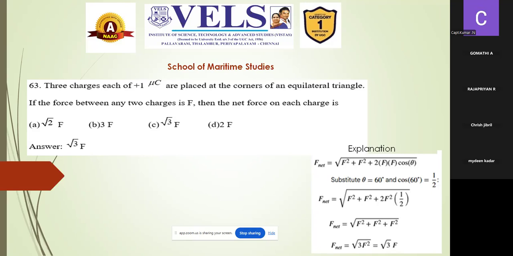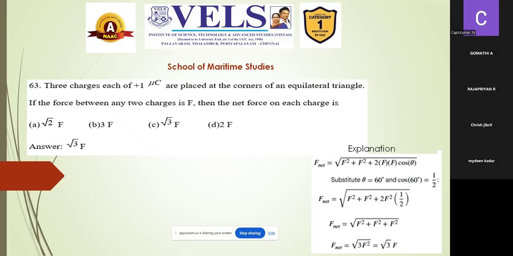The formula is F net is equal to root of F square plus F square plus 2F square cos theta. Here theta is equal to 60 degree because the triangle is an equilateral triangle.